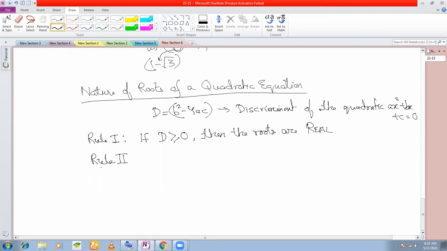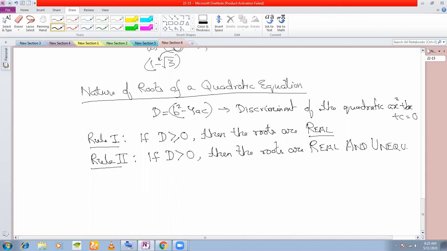Rule number 2: if D is greater than 0 simply, then we say that the roots are real and unequal, or sometimes we use the word distinct also. Either I use the word unequal or you can use the word distinct.